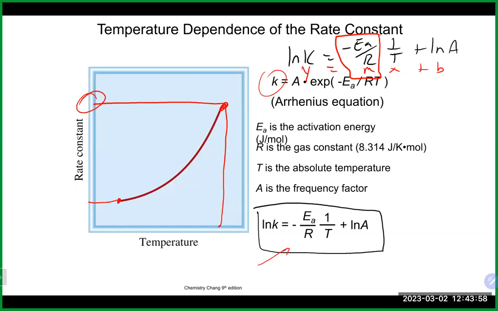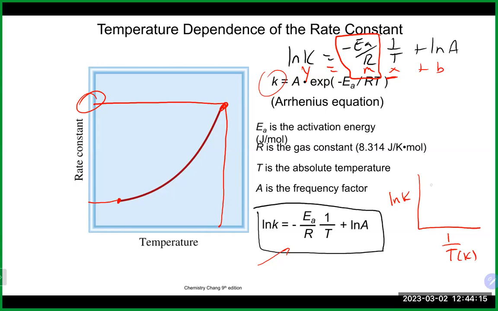The more common graph that we use can be found from that equation. On the y, we typically graph the natural log of k, and on the x, we graph 1 over the temperature in Kelvin.